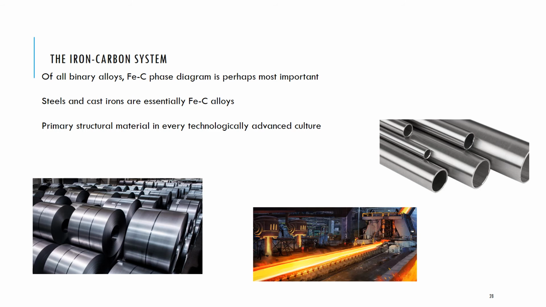So the steel cast irons are the primary structural material in every technologically advanced culture. So it's very important we understand something about that phase diagram. It's very important that we understand the microstructure that develops as we cool these materials, because ultimately that will dictate their mechanical properties.